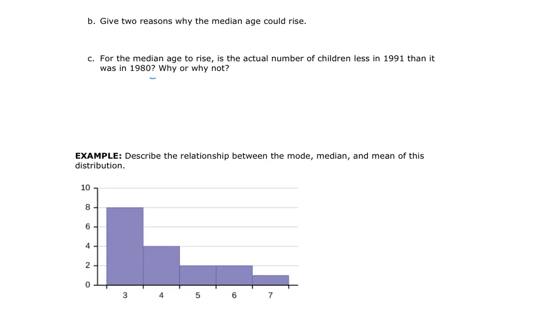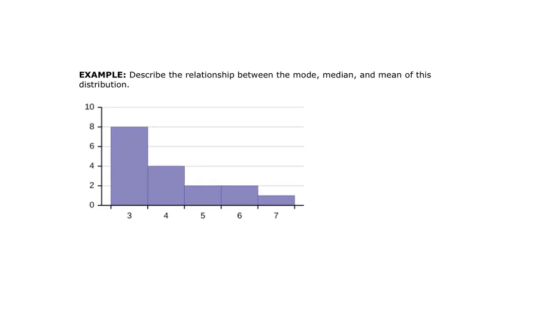So there is that. Now, let's take a look at this graph. The mode, the median, and mean, how would we describe the interaction? Who's the largest? Who's the smallest? Well, first of all, if I were to draw this, we know that the tail is pointing to the right.